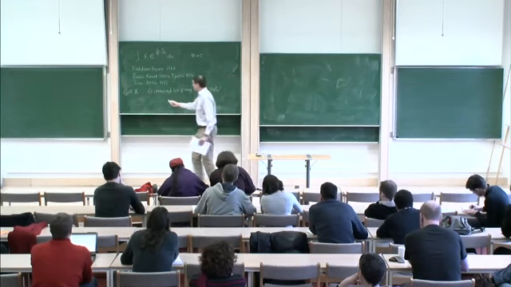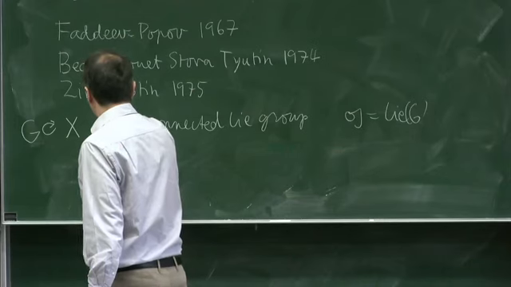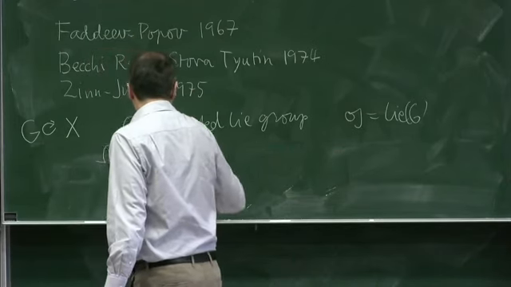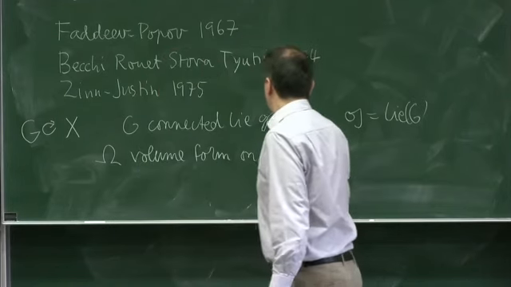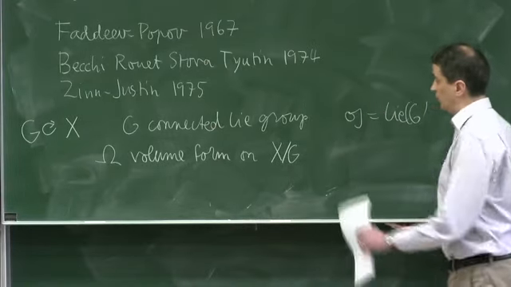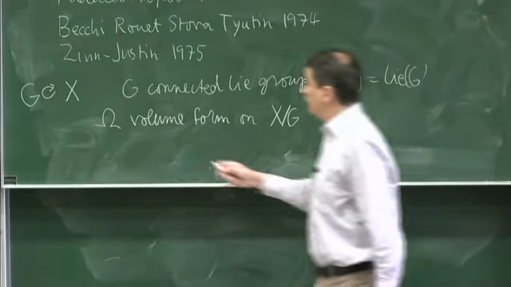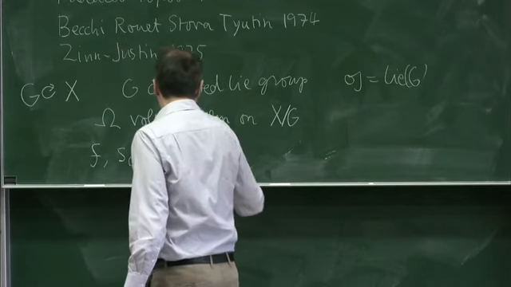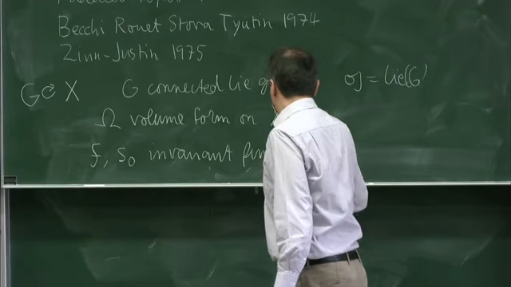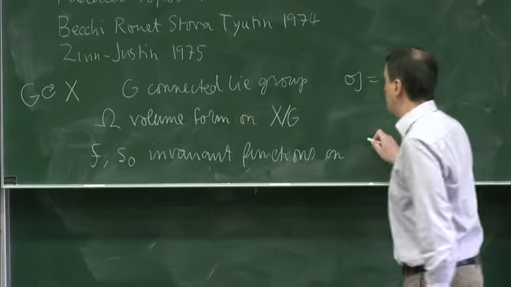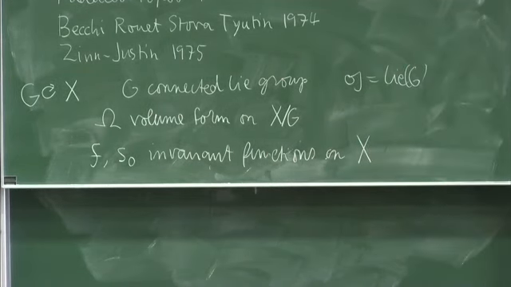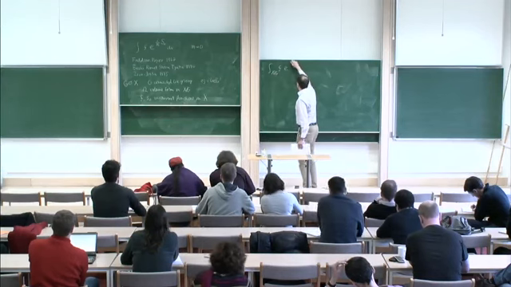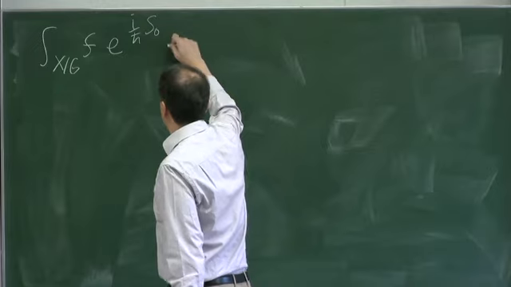Suppose you have omega, some volume form on the quotient space, so let's suppose it's smooth. And you have two functions, f and S0, G-invariant functions on X. And then of course you can do this integral over the orbit space of f times exponential of i over h bar S0 times omega.